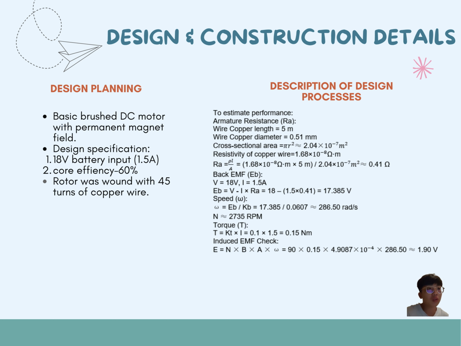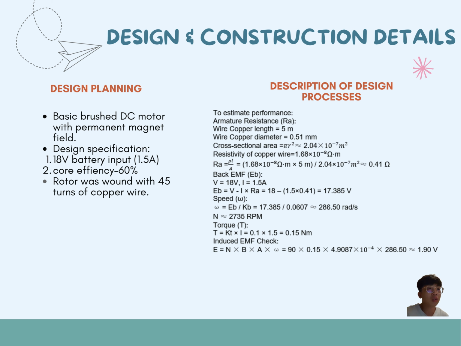So we need to calculate the area, which is pi r squared. We get a value of about 2.05 times 10 to the power of -7 meter squared. And the resistivity of the copper wire is 1.6 times 10 to the power of -9 ohm meter.